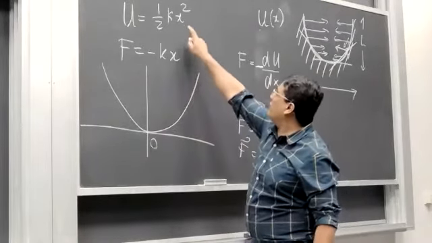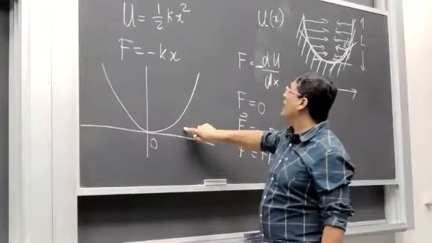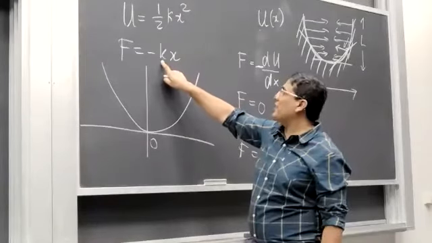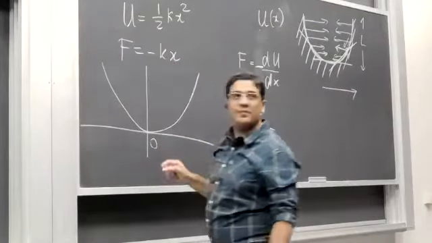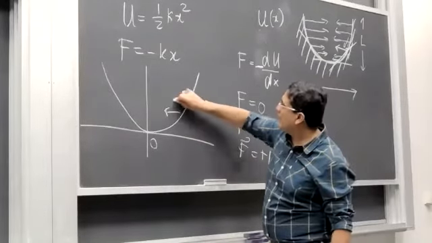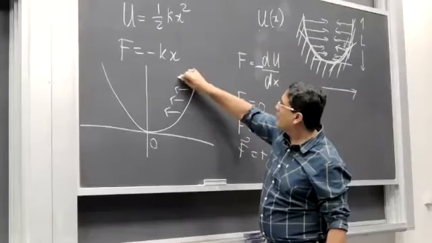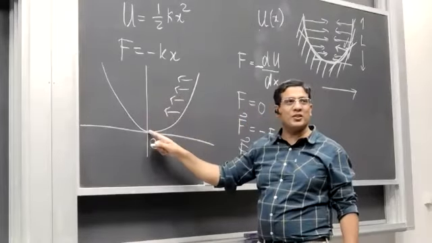When x is positive, when you are in this region and you take a derivative and k is positive, x is positive, what is the direction of the force here in this region? Negative. Force is acting in this direction. Force is trying to restore the object back to the 0 position.